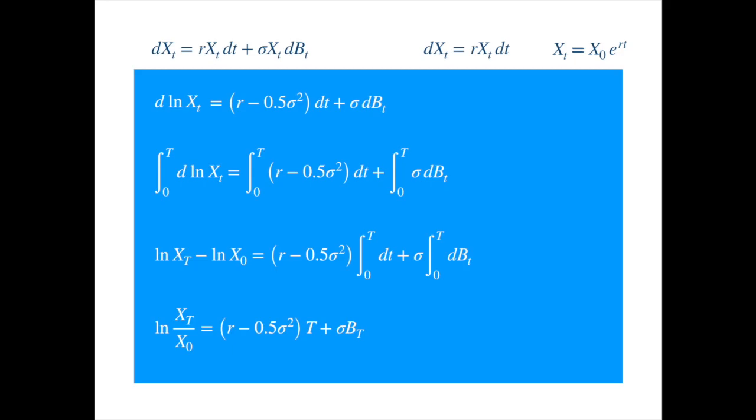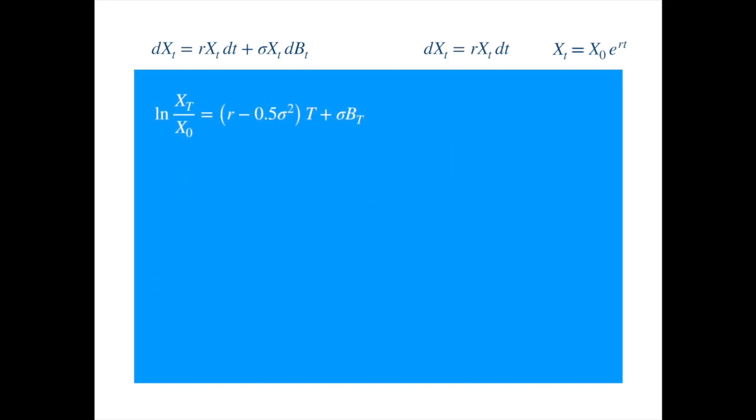Notice B naught is 0 because Brownian motion starts at 0 by definition. Now we need to exponentiate both sides, and noting that the exponential and log are inverse of each other, we get this. Now we just need to shift x naught to the right-hand side and we have the solution.